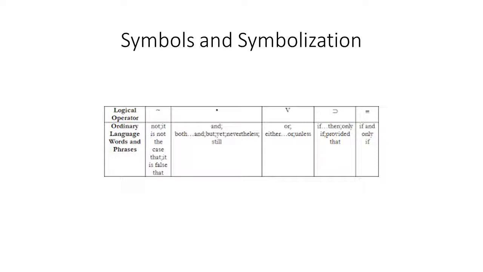The horseshoe to if then, only if, provided that, it's a necessary condition that, or it's a sufficient condition that. And finally, the triple bar to if and only if. This is I think a different table than the one in your book. So compare them to one another and see what the differences are. Sometimes one will have words on it that the other doesn't, but they're all right. They're just different.